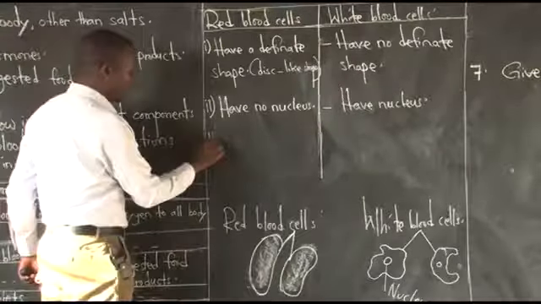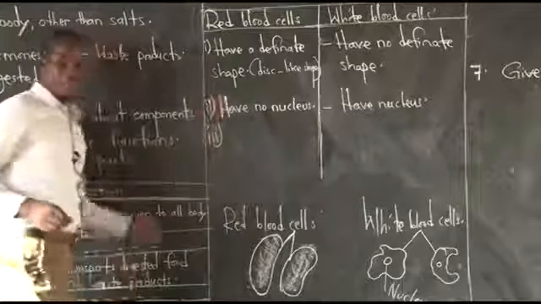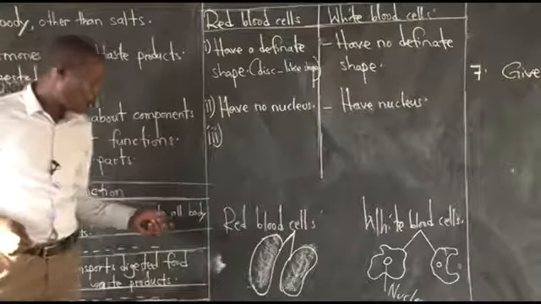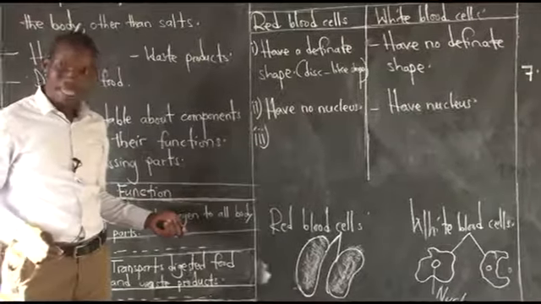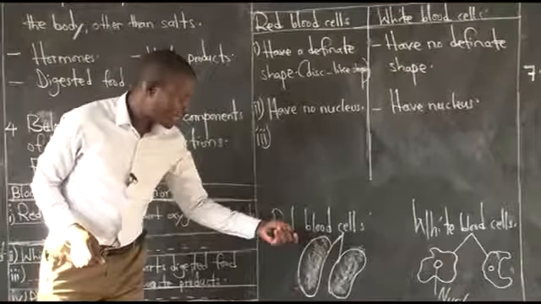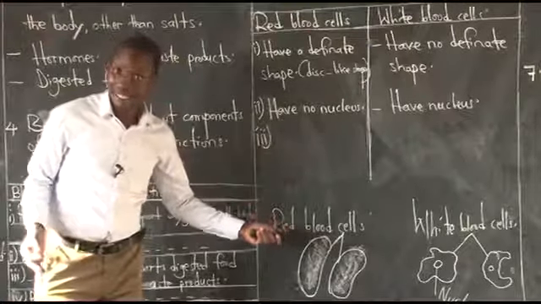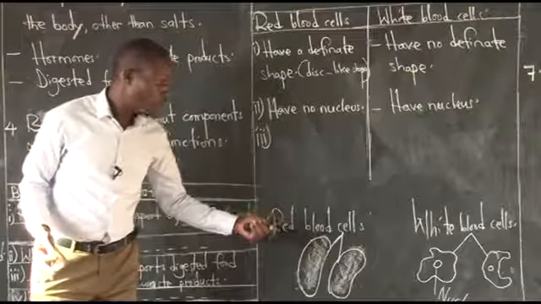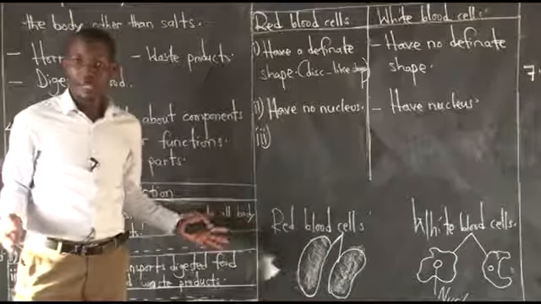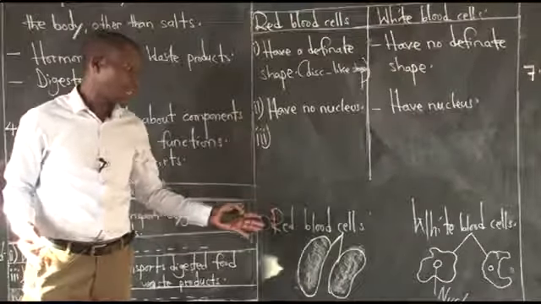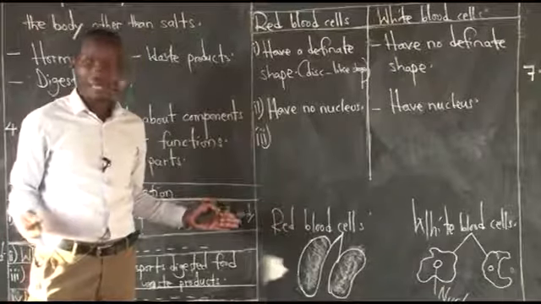So look at part 3. You can also develop a difference basing on the color. Red blood cells are red in color, and white blood cells we say are colorless. They have no specific color. Though we call them white blood cells, they are not given a specific color.